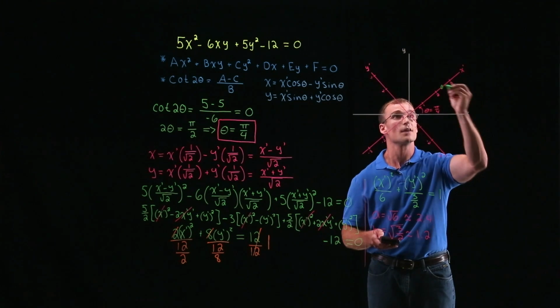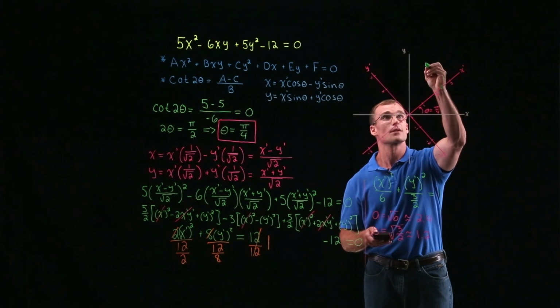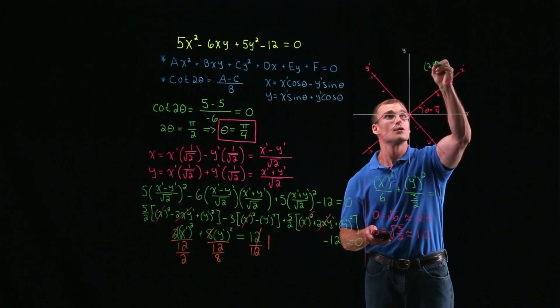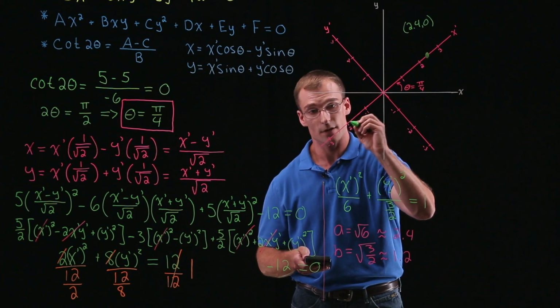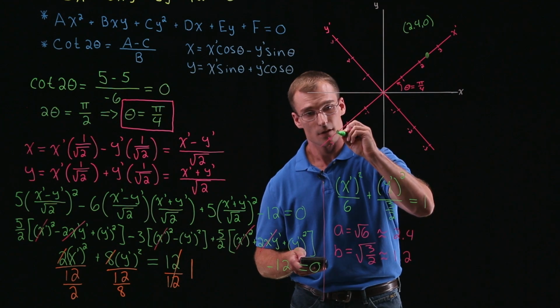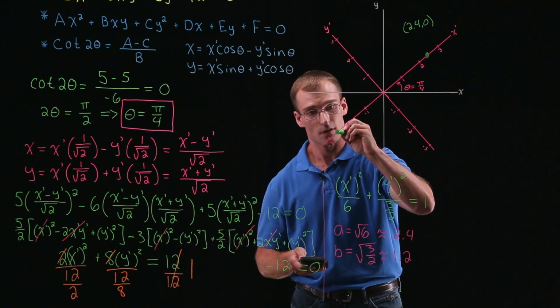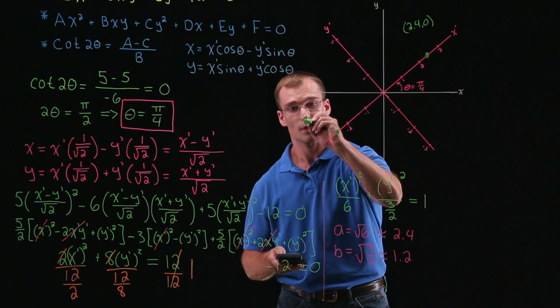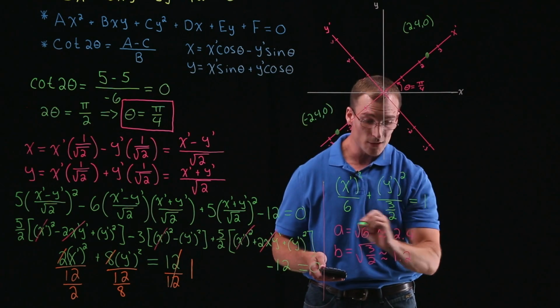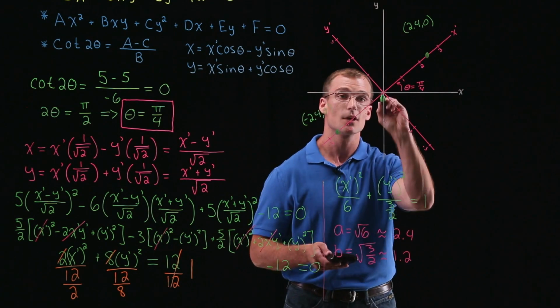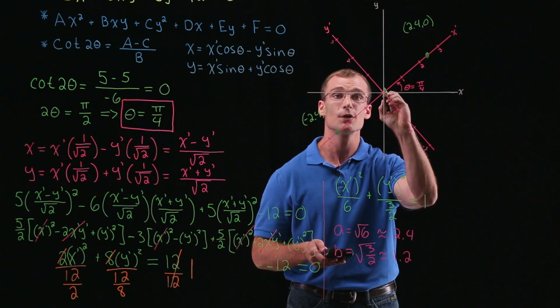So these are in terms of x prime, y prime coordinates. So this is the point 2.4, 0. And going in our other direction gives us the point, say, negative 2.4, 0.